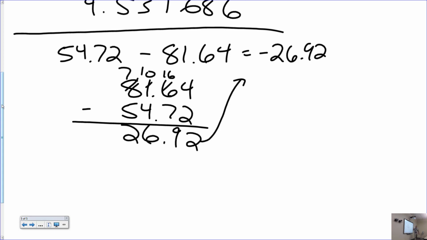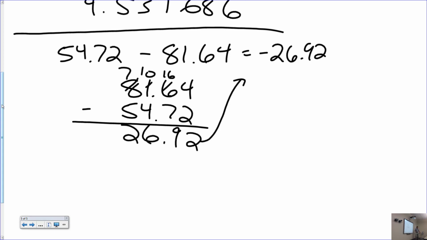It used to be that whenever we did subtraction, they told us if you changed the order, you screwed up the answer. Why does it work? It's like adding 54.72 to negative 81.64. Essentially, that's absolutely right. You're basically saying that this is 54.72 plus negative 81.64 and treating it the same way.